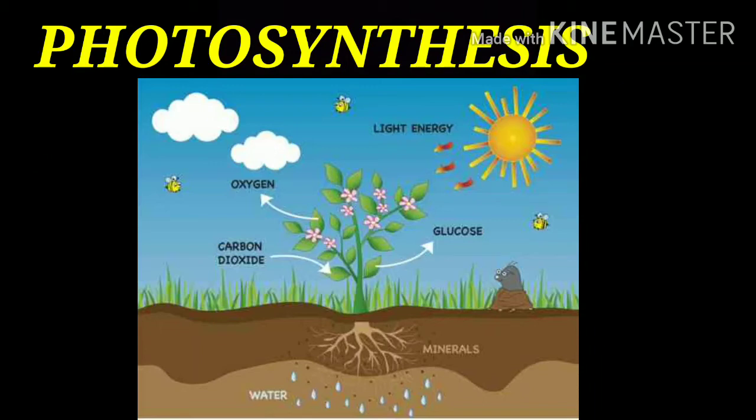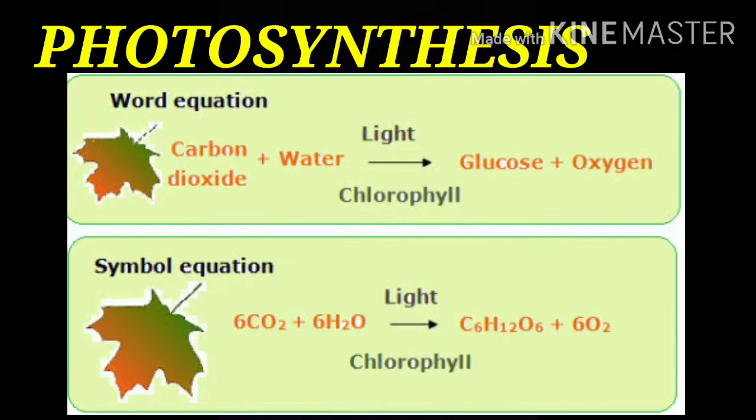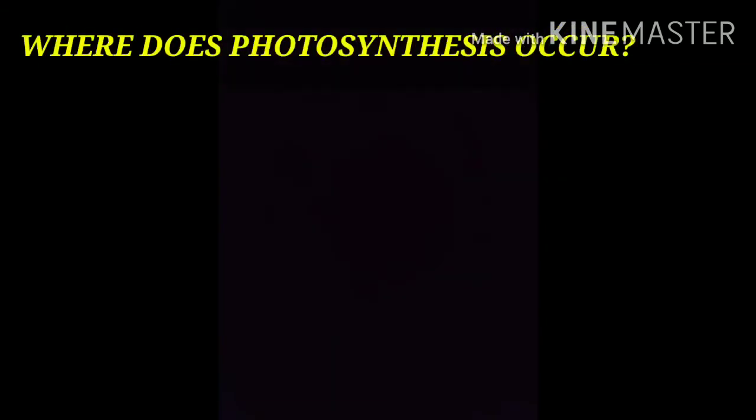During this process, oxygen is released as a byproduct. The overall equation for photosynthesis is carbon dioxide and water with the help of light and chlorophyll gives glucose, water and oxygen.